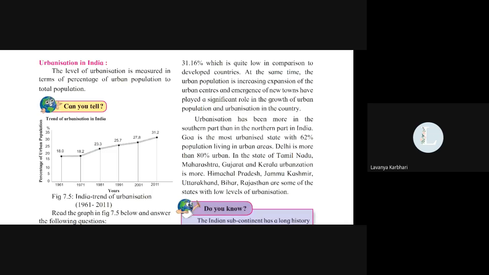Suppose we take the example of Pune, then Pune was very small if we compare it to 50 years before. After that, people from outside went to Pune, and continuously Pune increased. Now Pune is very big. So this is nothing but the expansion of the urban centers. Also, emergence of new towns have played a significant role in the growth of the urban population.